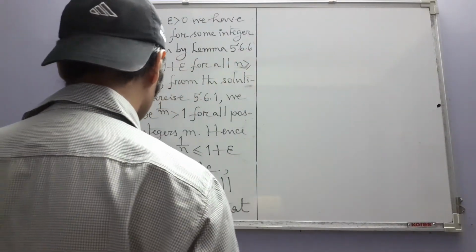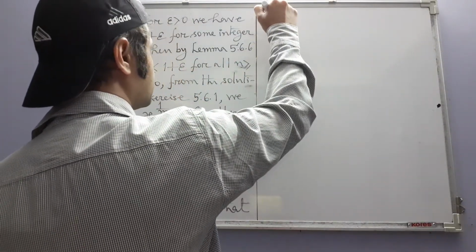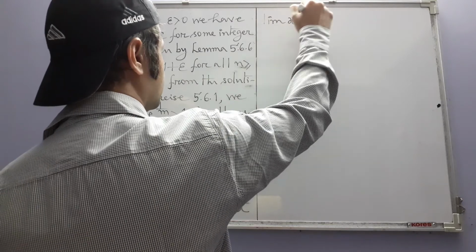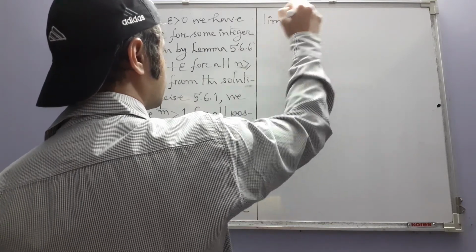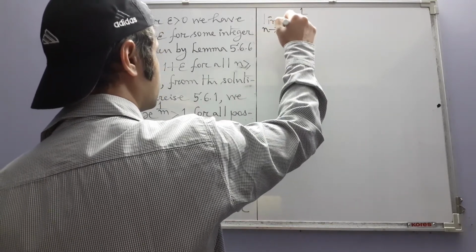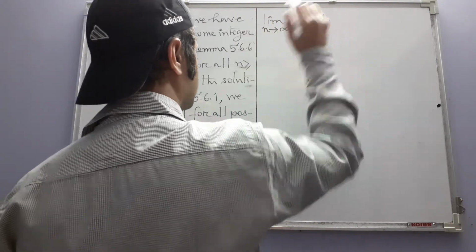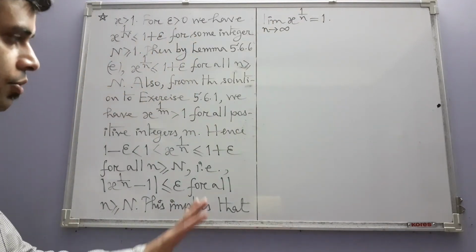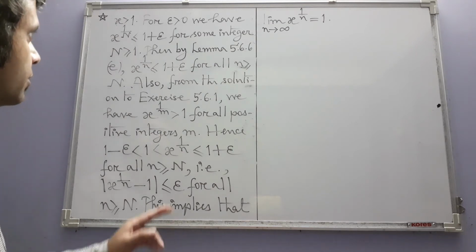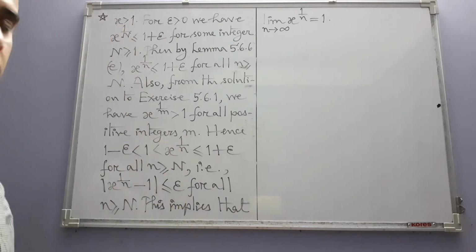Okay, so this implies what? This implies that this limit is equal to 1. That means we have proved our desired limit in the case where x is greater than 1.